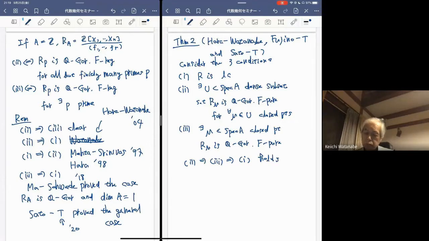And if the ring is an isolated singularity of dimension at most 3, in that case 1 implies 2.